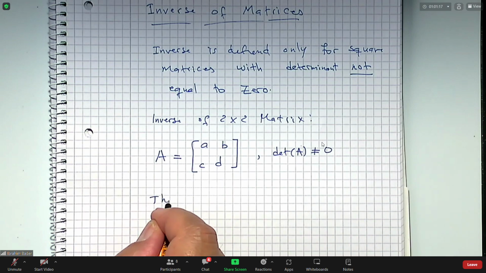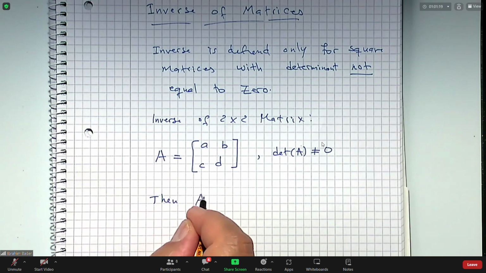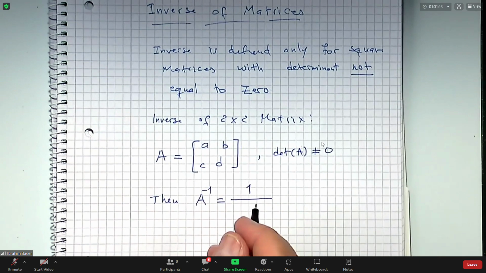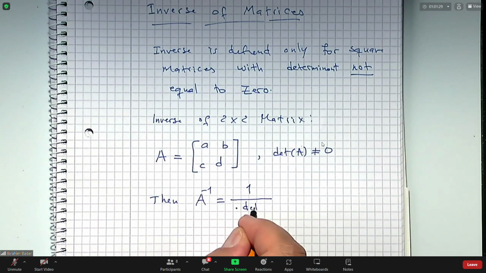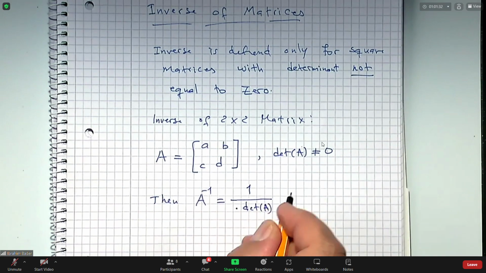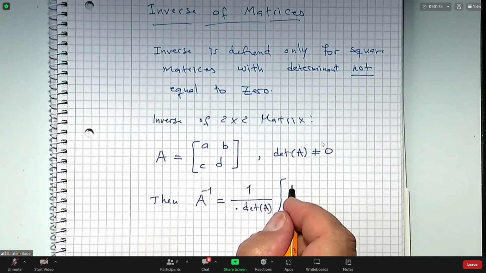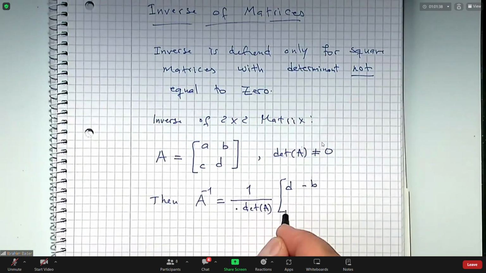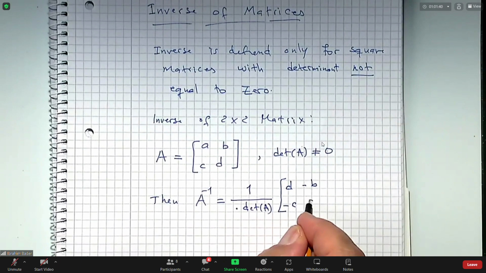Then A inverse is equal to 1 over the determinant of A multiplied by the matrix d, minus b, minus c, and a.